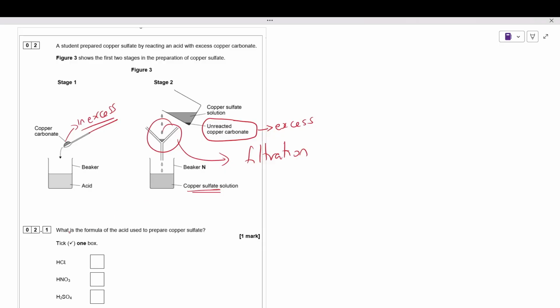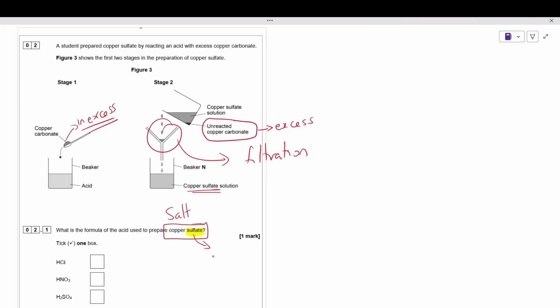Now, the first question says, what is the formula of the acid used to prepare copper sulfate? And this is our salt. For all salts, the acid's name is usually from the very last part of it. So we're looking at that sulfate, and we're going to decide which acid will actually give us this.